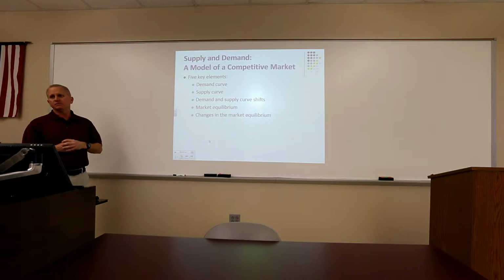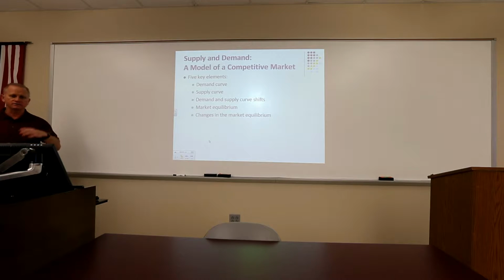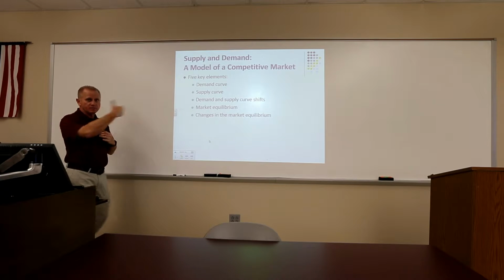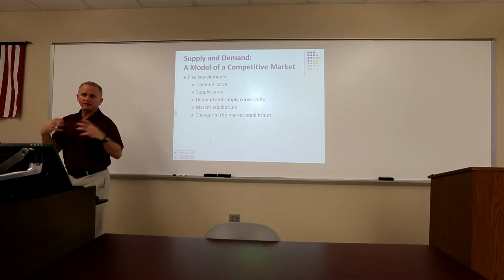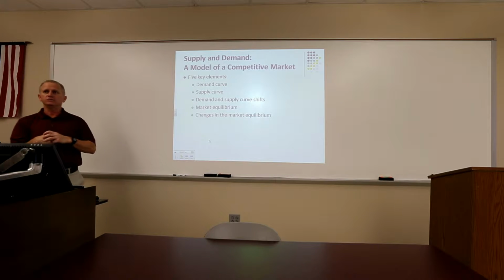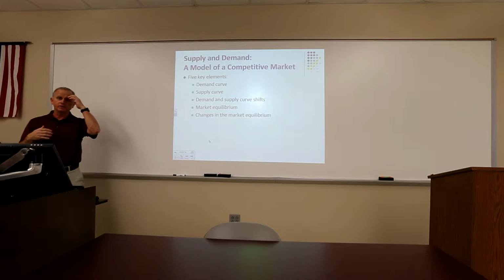The elements of supply and demand are comprised of these things. We're going to look at a demand curve first, then the supply curve. We'll look at them individually, and then put them together to come up with something called equilibrium.